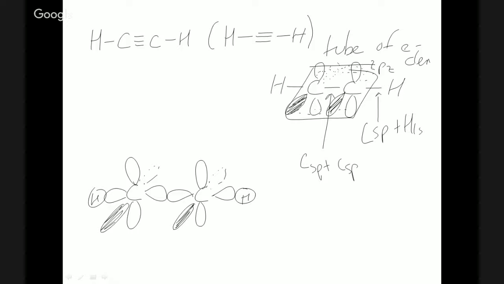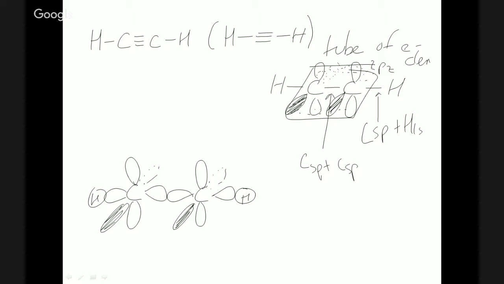Again, the carbon-carbon triple bond cannot rotate like an axle. It can tumble in space, but it cannot spin. So it's a tube or a cylinder of electron density. All right, so that is an introduction to those three molecules.